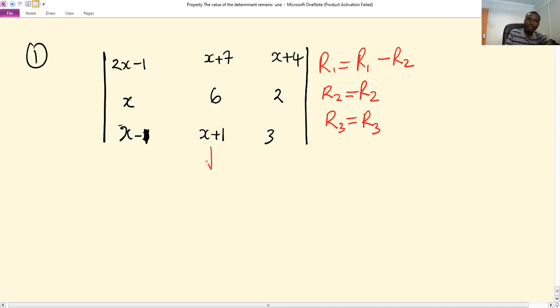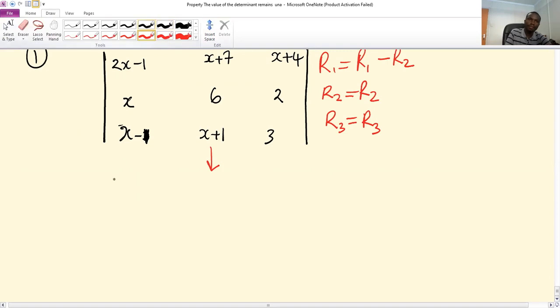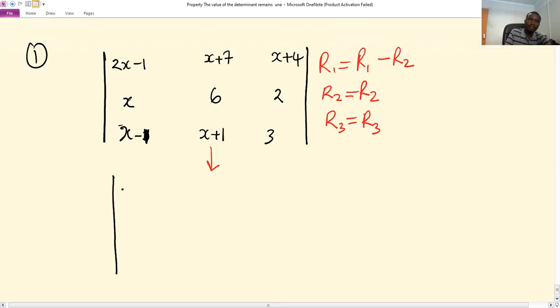So this will give us the determinant of 2x minus 1 minus x, which is x minus 1; x plus 7 minus 6 is x plus 1; x plus 4 minus 2 is x plus 2.